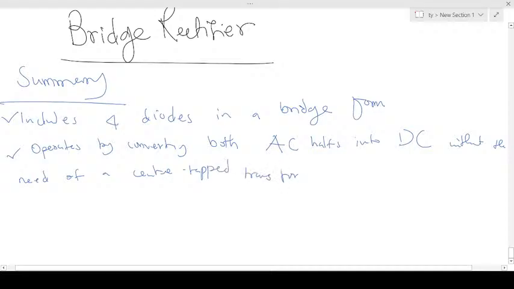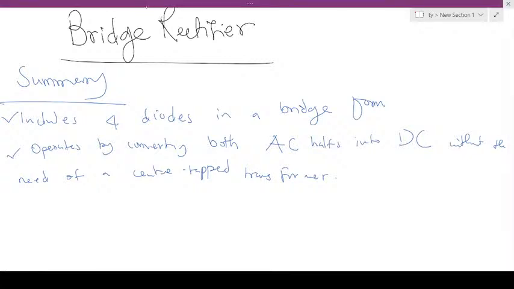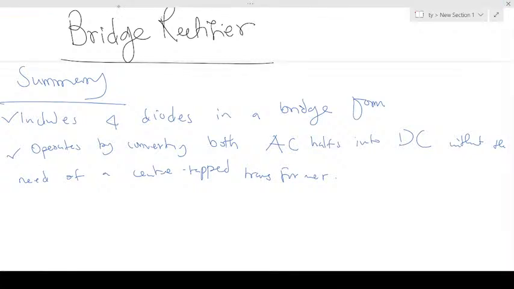And so here, there's no stepping down or stepping up of voltage as there is in the center-tap transformer. Current flows through 2 diodes per cycle.